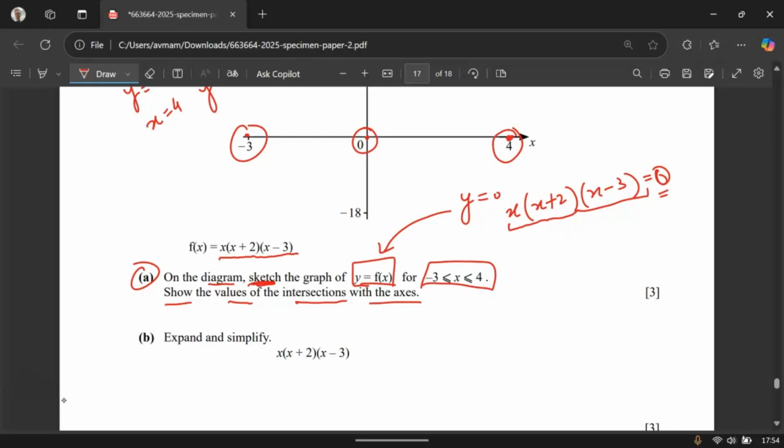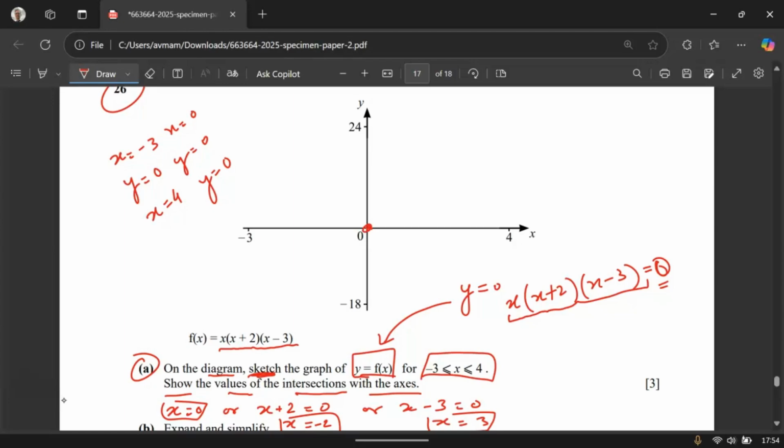So x could be 0, or x plus 2 could be 0, or x minus 3 could be 0. When x plus 2 is 0, then x equals negative 2. When x minus 3 equals 0, then x will be positive 3.